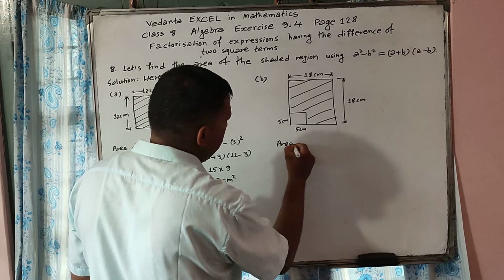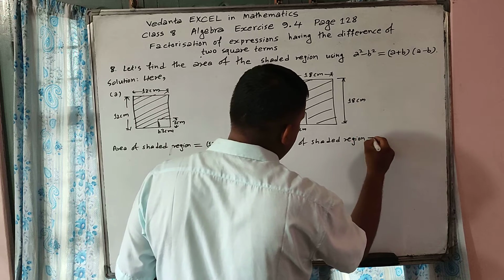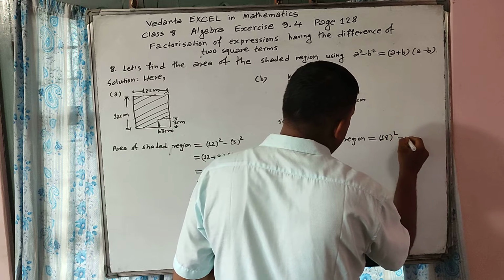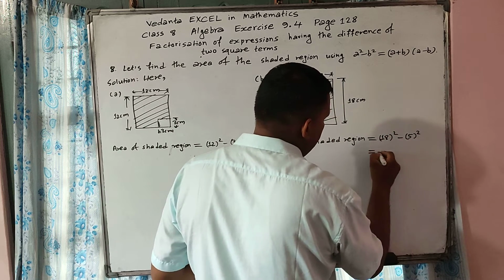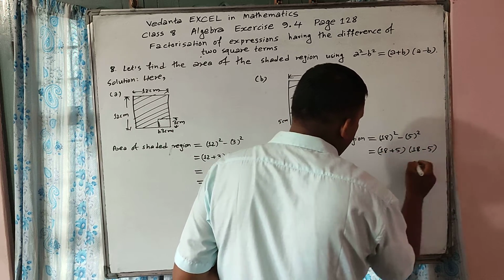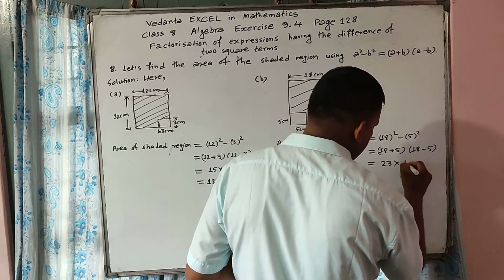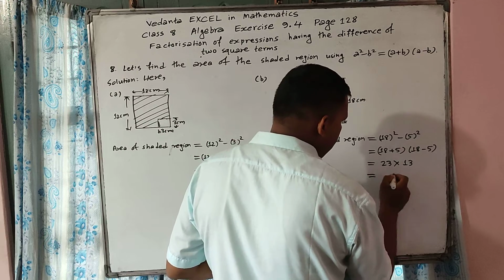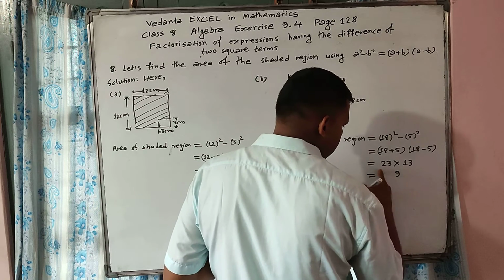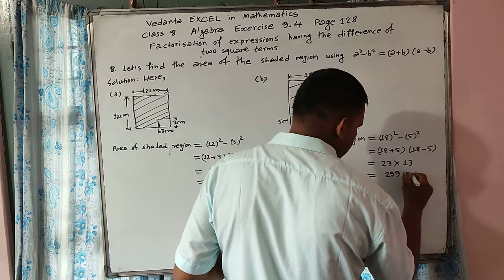Area of shaded region equal to 18 square minus 5 square. 18 plus 5 into 18 minus 5. 18 plus 5 that is 23. 18 minus 5 that is 13. 23 into 13 is 299 centimeter square.